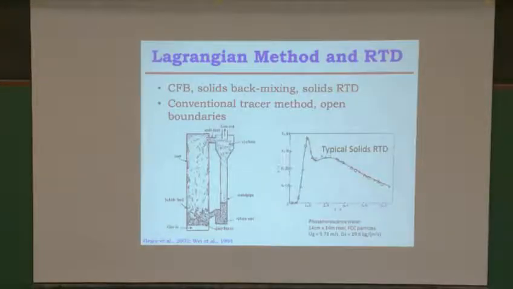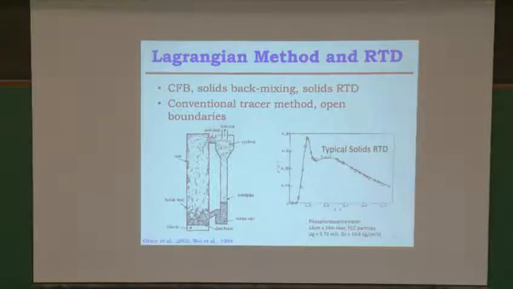Okay, now what we want to do is to use this and look at the Lagrangian method in residence time distributions. Obviously, in a chemical reactor, the important thing is that the solids contact the reactant gas. One of the things used to characterize solids is to perform residence time distribution experiments.